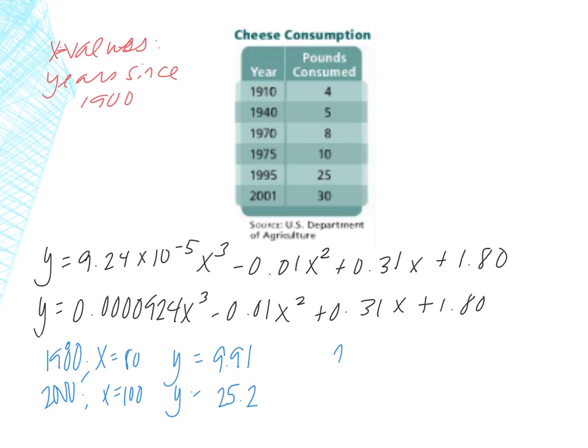And then in 2012, x would equal 112, so then y, or our pounds consumed, would be... wow, I think I made a mistake, so let me do that again.